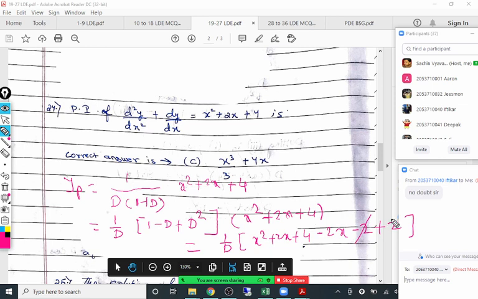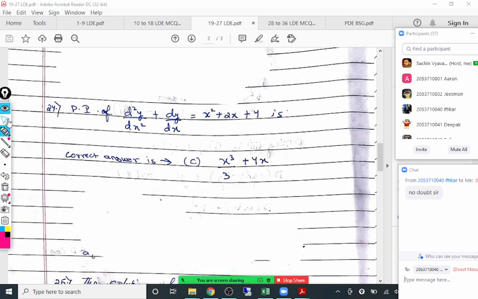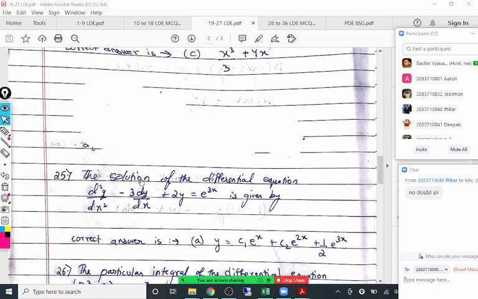So out of that, minus 2 and plus 2 get cancelled, and minus 2x and plus 2x get cancelled. We are left with x square plus 4. And integrating, this 1 by D is still outside. So if we integrate, the x square integration is x cubed by 3, and 4 integration is 4x. And that's the correct answer again. So that way you have to do it. It is the algebraic form, and we know how to deal with the algebraic form.